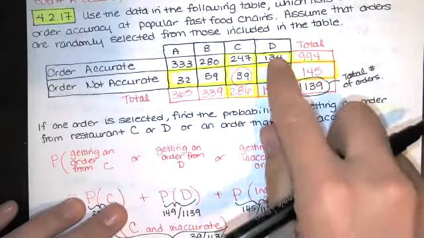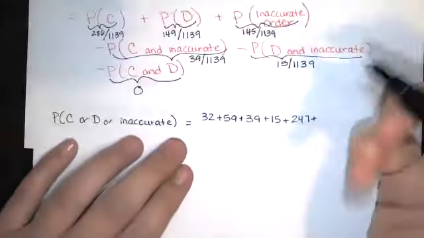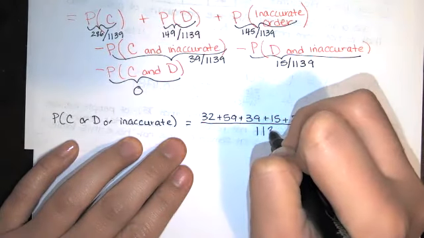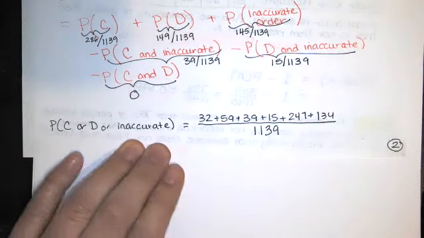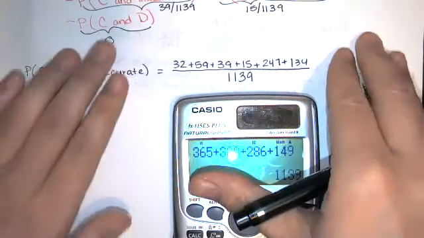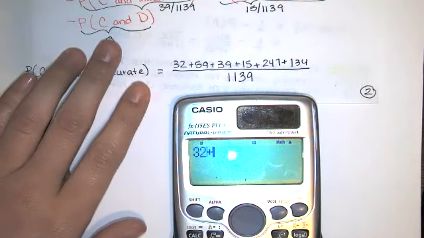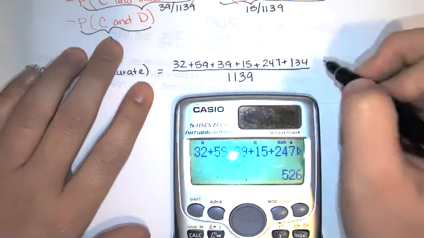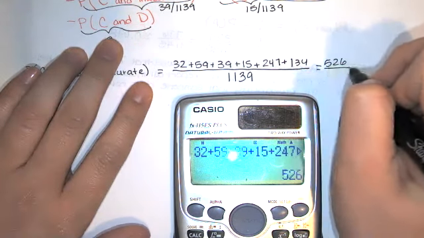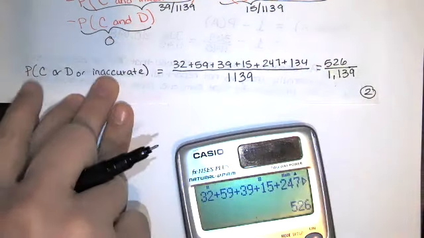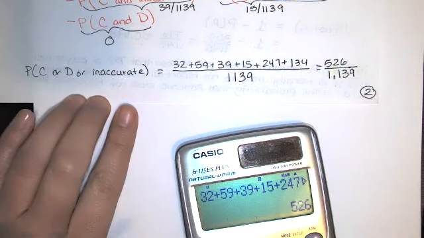So I'm gonna just add that 134 there. So I add all of those together and I divide by 1,139. And that's going to give me this. So I get 526 divided by 1,139. So that's the probability of choosing an order from restaurant C or D, or an order that is inaccurate.